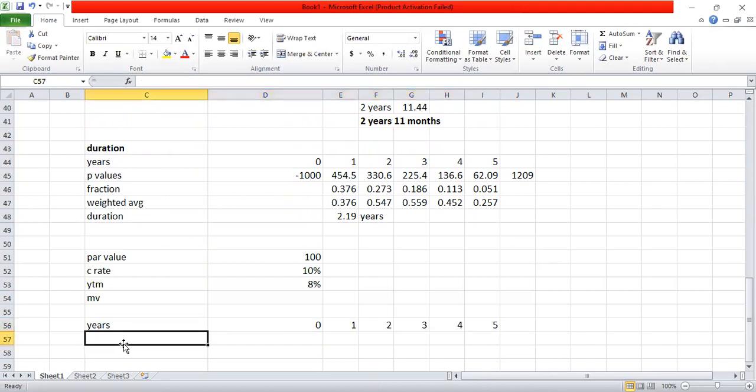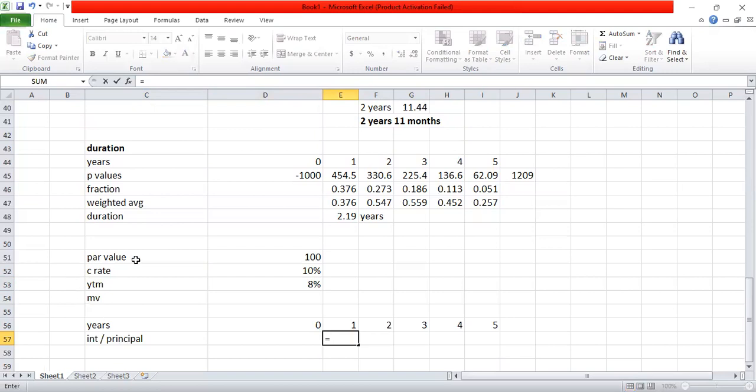Now, every year you will get the interest, and in the last year, interest plus principal. Now, how will you do that? In year 0, there will be nothing. Now, guys, you will take this, multiply by coupon rate. So this you will copy and this.